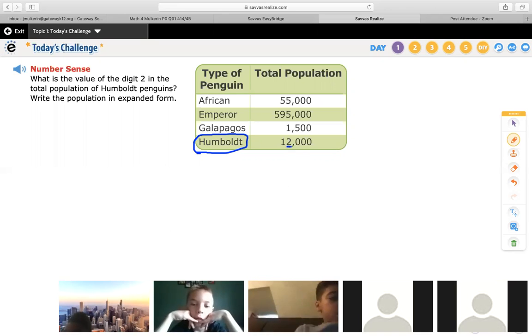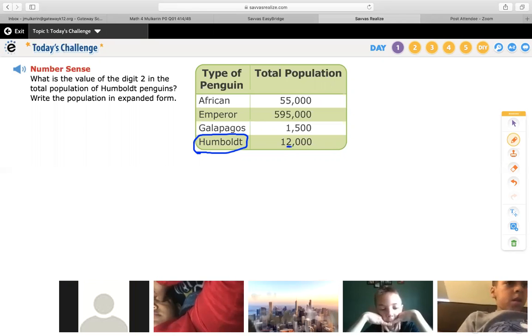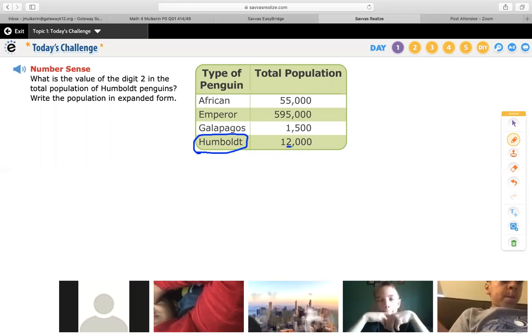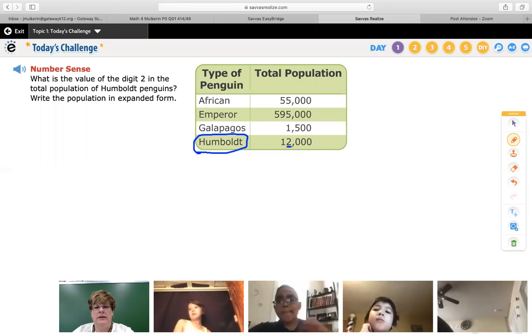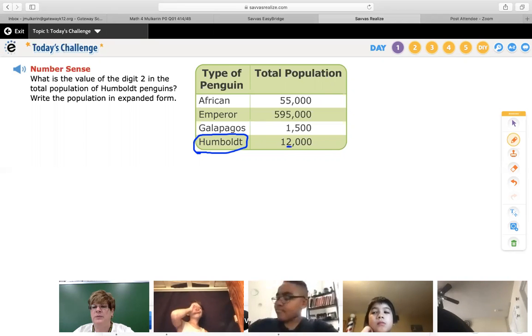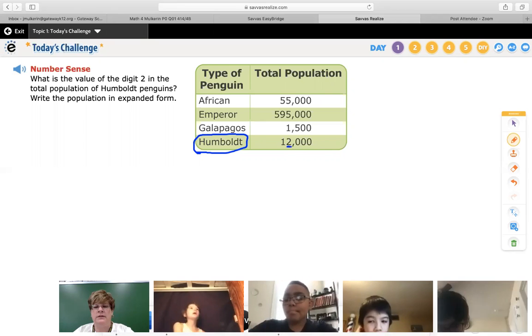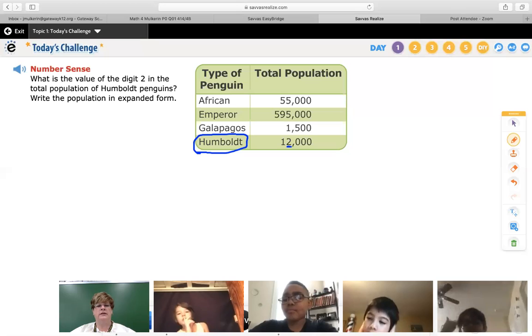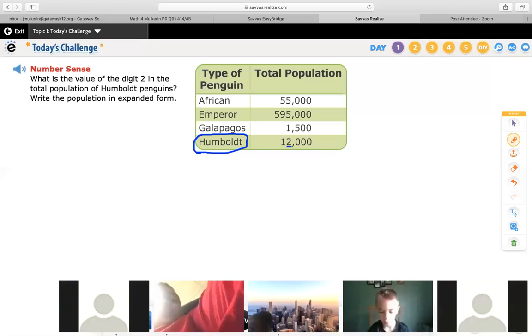What does expanded form mean? Who remembers expanded form? Davion, do you remember what expanded form means? Expanded, stretching it out. How would I write this, Davion?